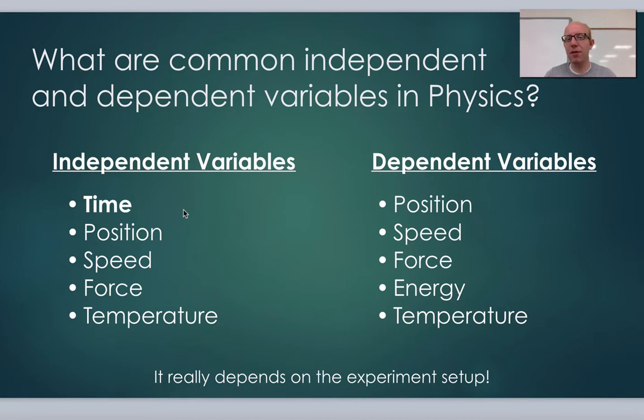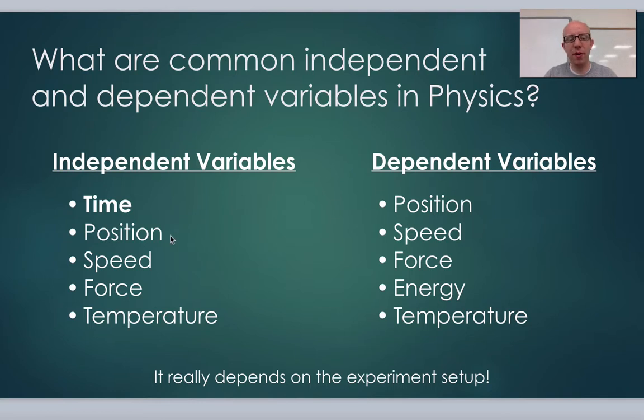And if time's ever included as one of our variables specifically, it is always the independent variable. Okay? Because even though we're often measuring the time that has passed, it is the thing that is causing other things to occur. So it's always the independent variable. It's always controlling the results of the experiment. Okay? So time is always independent if we see it.